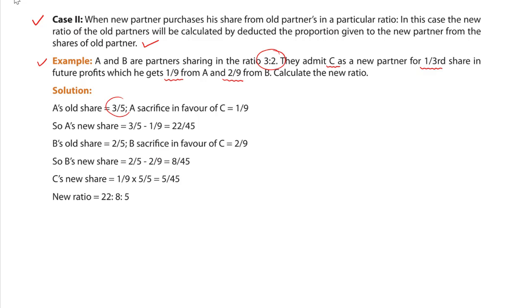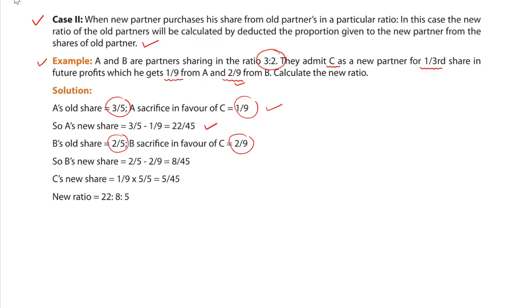Solution. A's old share is 3/5. A's sacrifice in favor of C is 1/9. It is given in the question. So from 3/5, the sacrifice is 1/9. 3/5 minus 1/9 is 22/45. B's old share is 2/5. B's sacrifice is 2/9.